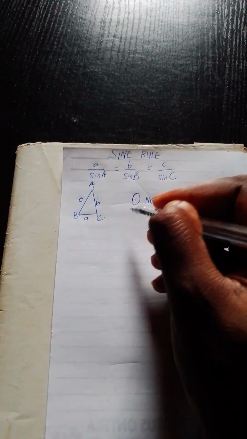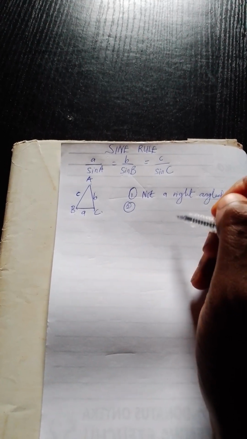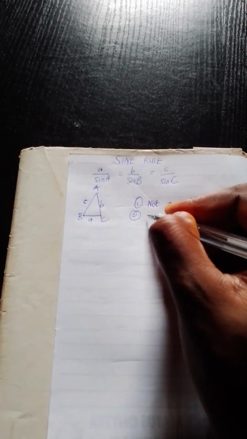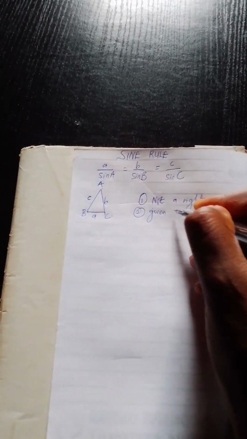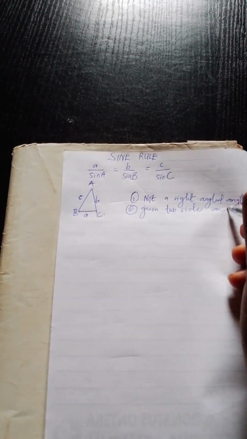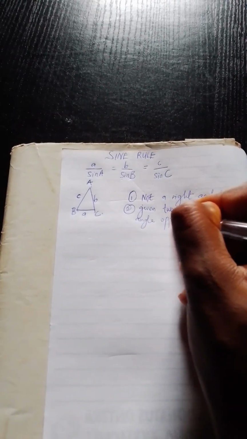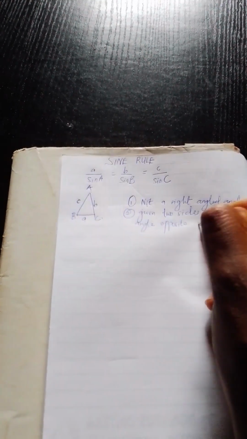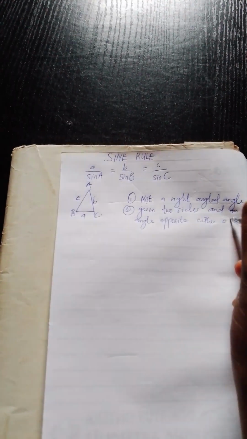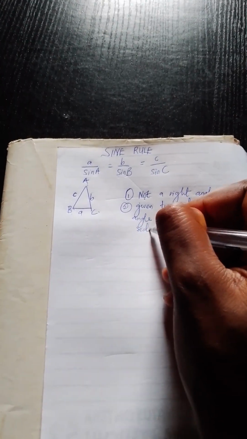And then secondly, you can also use this sine rule when you are given two sides and the angle opposite one of the sides. So you can use it when you are given two sides and an angle opposite either of the sides, and then you are required to find the other angle.